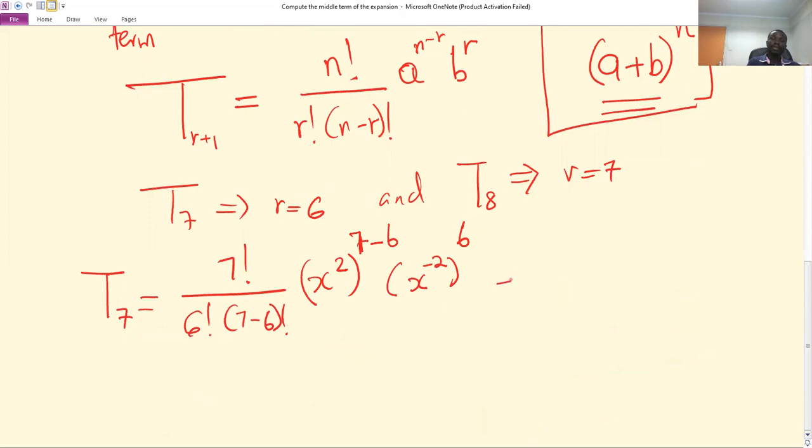This is x squared raised to power 7, x raised to power minus 12.